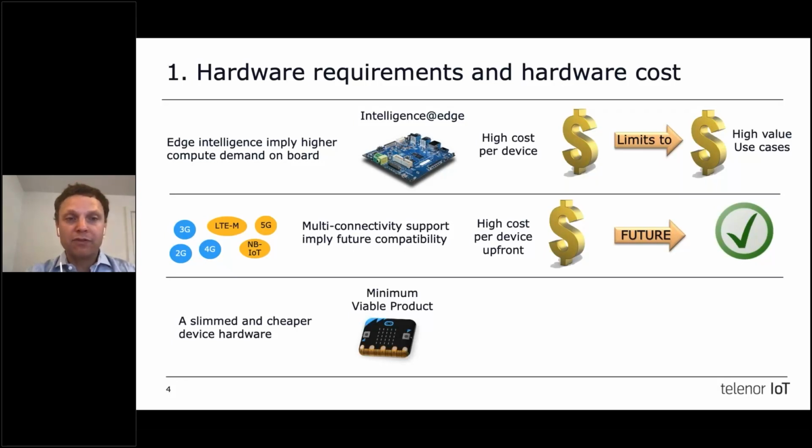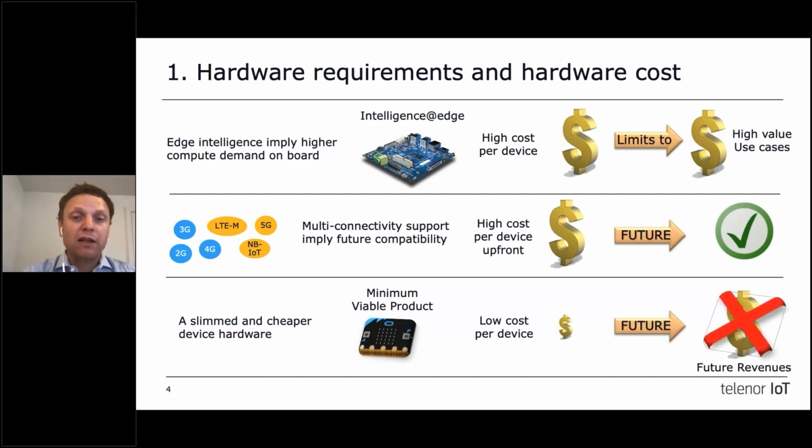But if you go to a slim or cheap device hardware, which we call the minimum viable product, it's a very incapable device, but it gives you the ability to move fast into the market. You don't need to have that much money when you start to invest, so the devices themselves will have quite low cost. But the low cost devices and the MVP approach will probably block you from future revenues.